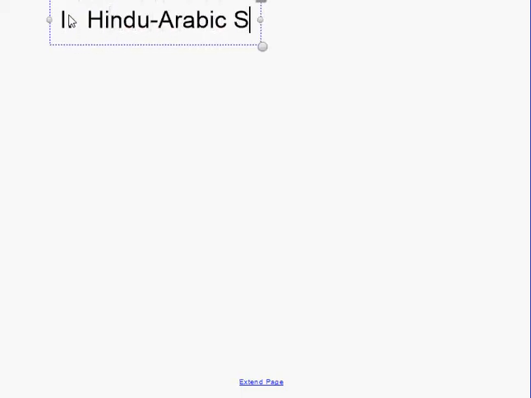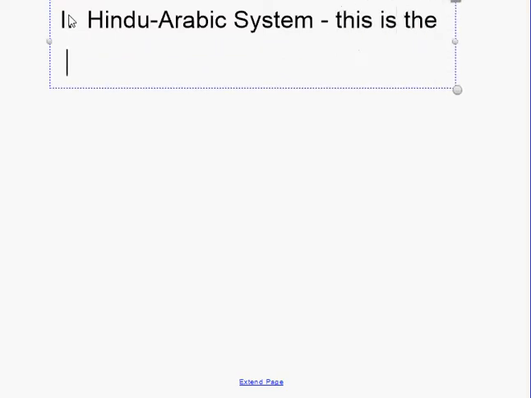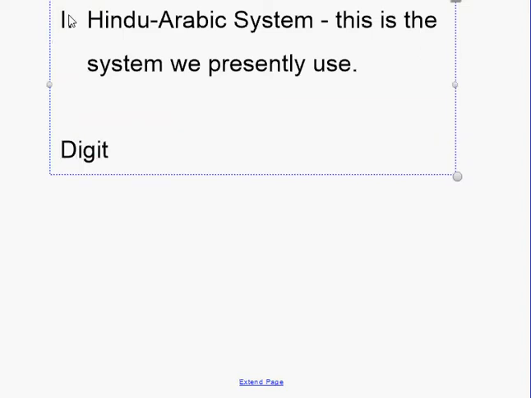The Hindu-Arabic system is the system we presently use, and its digits are 0, 1, 2, 3, 4, 5, 6, 7, 8, and 9.